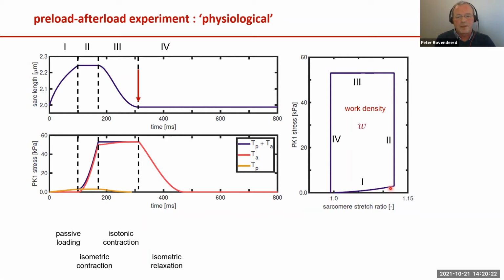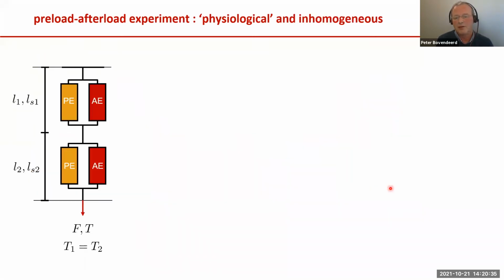Now, this is nice. It represents already something about what's going on in a fiber sitting in the cardiac wall during cardiac cycle. But it becomes more interesting if we look at inhomogeneous situations. And these are typically situations that occur during pathologies.